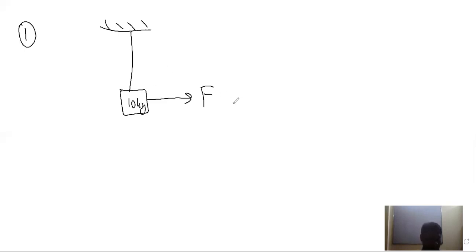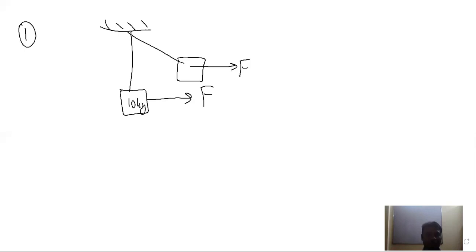In the first question, a mass of 10 kg is suspended vertically by a rope from the roof. That is the roof, and a mass of 10 kg is suspended. When a horizontal force F is applied, the rope is deviated by an angle of 45 degrees.